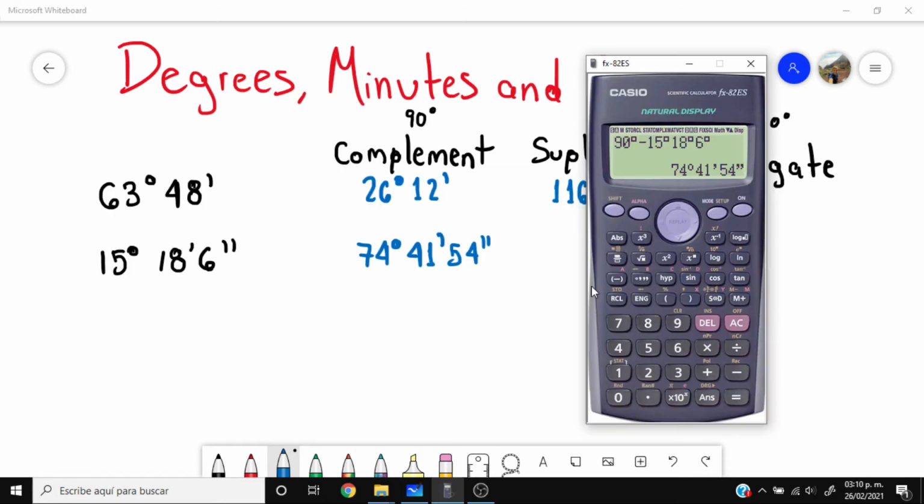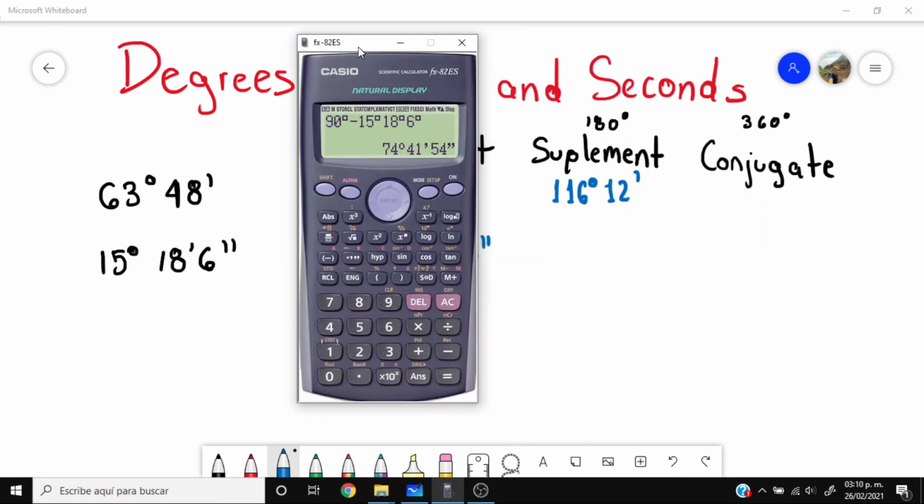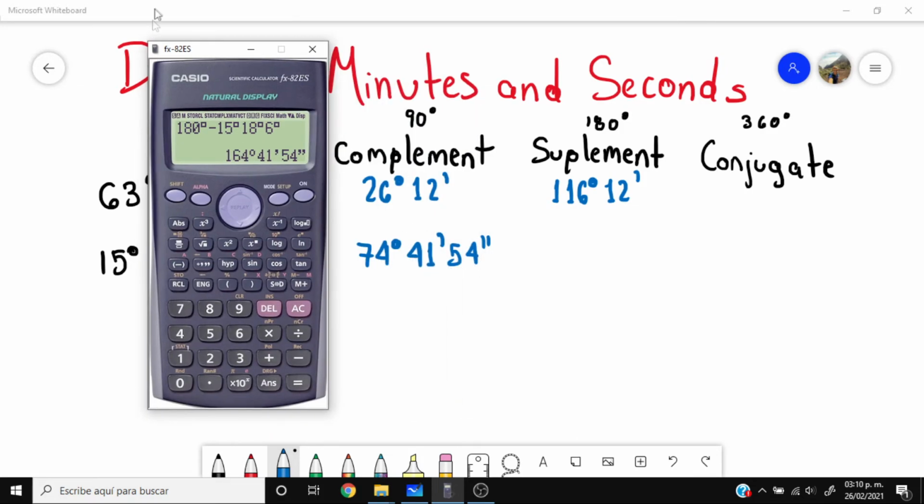I'm going to do exactly the same with the other one in order to find the supplement. So it's going to be 180 degrees minus 15 degrees, 18 minutes, and 6 seconds. Okay, and that will be the answer. If you see, I got the same seconds.